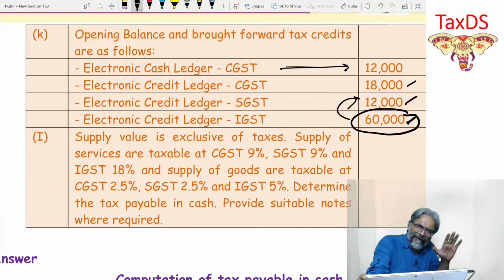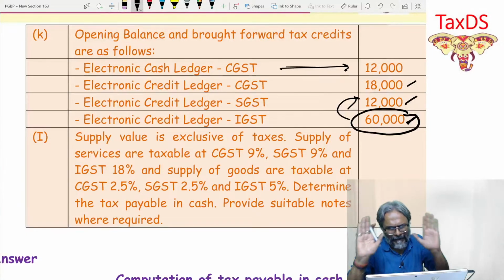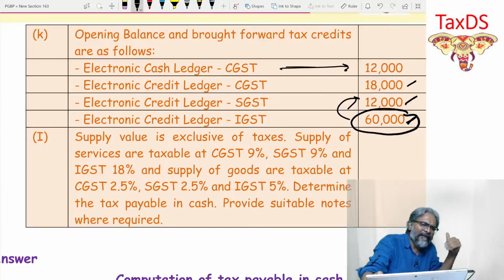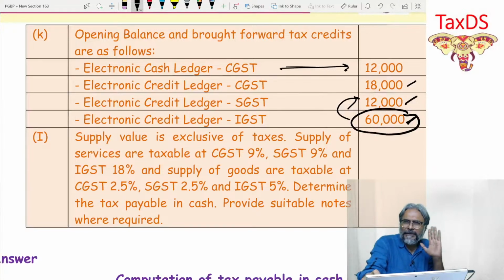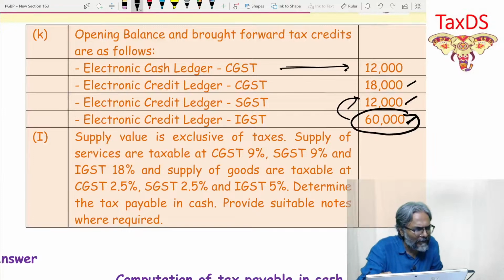So I will leave it that way only. I will not try to first remove it and then add to another head. I will not do this exercise. I will first use IGST credit against the IGST liability, and thereafter the balance, if any, I'll use for SGST, and then CGST. Anyway, I've got that amount in this context.